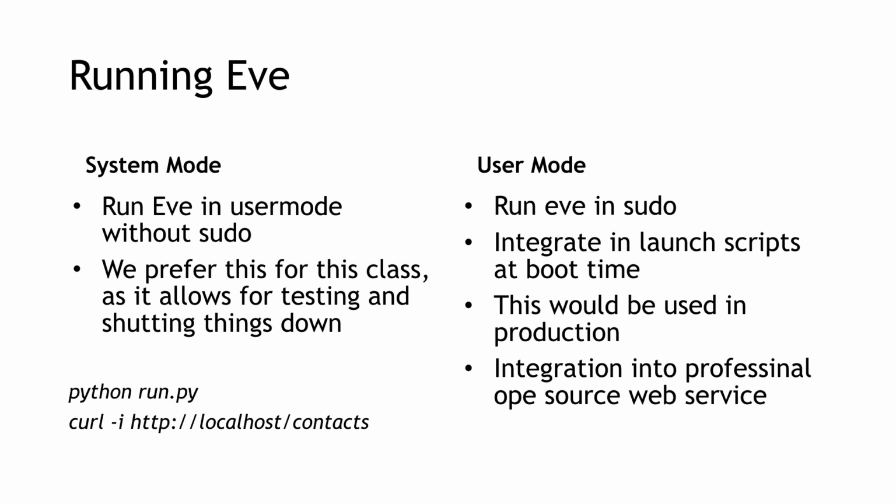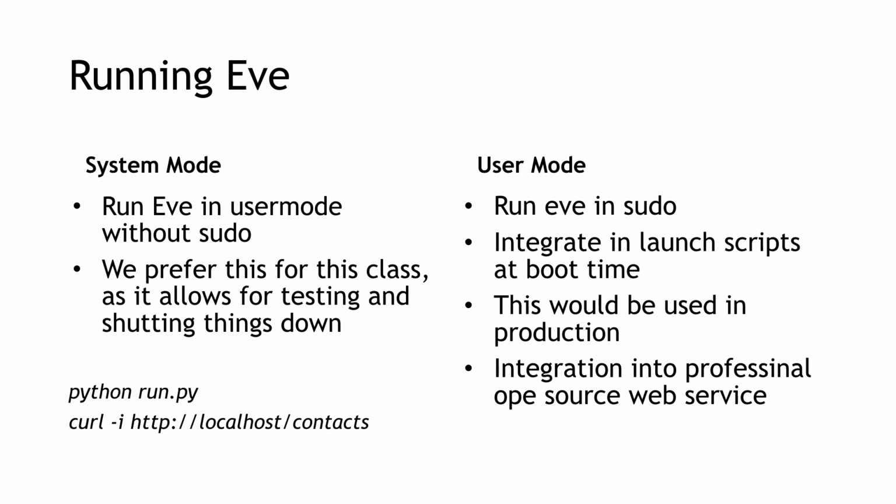In order for us now to run this Eve service, we are distinguishing two different modes. One is the system mode, in which we are running Eve as a super user, and you can integrate the startup of the Eve service even in launch scripts, so that when you reboot the particular machine, the script will be rerun automatically.